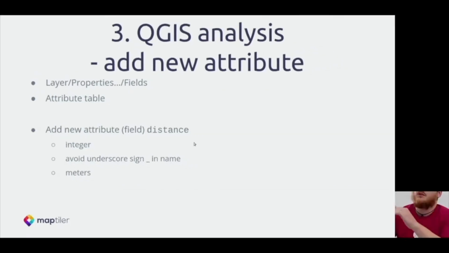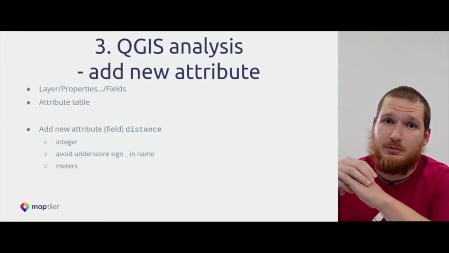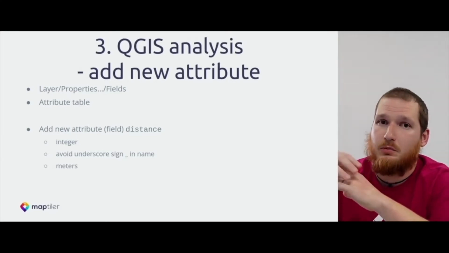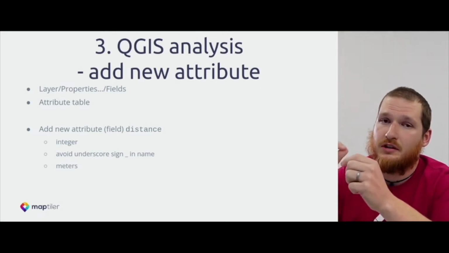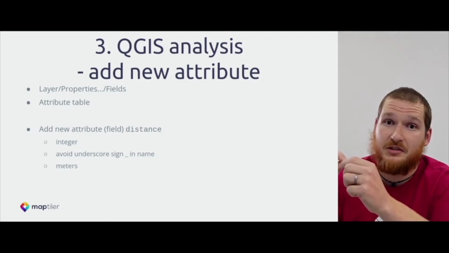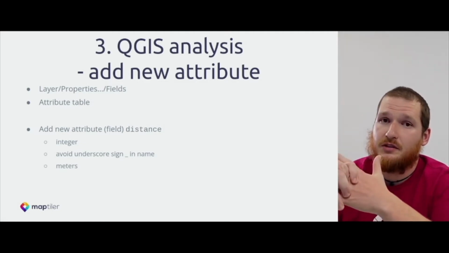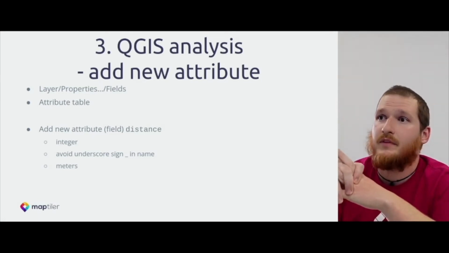Okay, so the spatial analysis, which we are just about to do, will calculate the distance of the bike shops from the cycleway. But we need to store this information somewhere. That's why we will add a new field to the layer of bike shops.